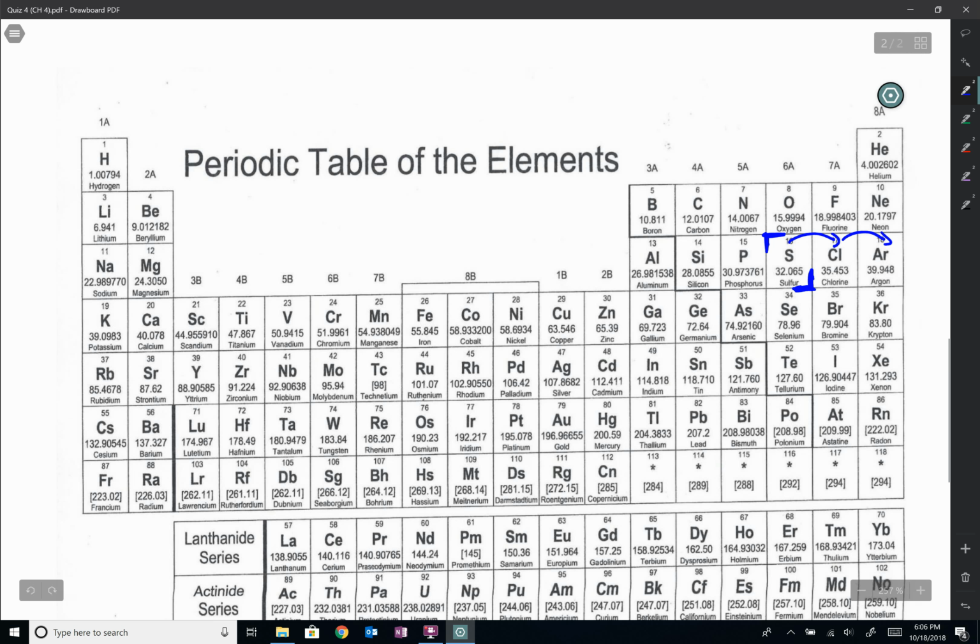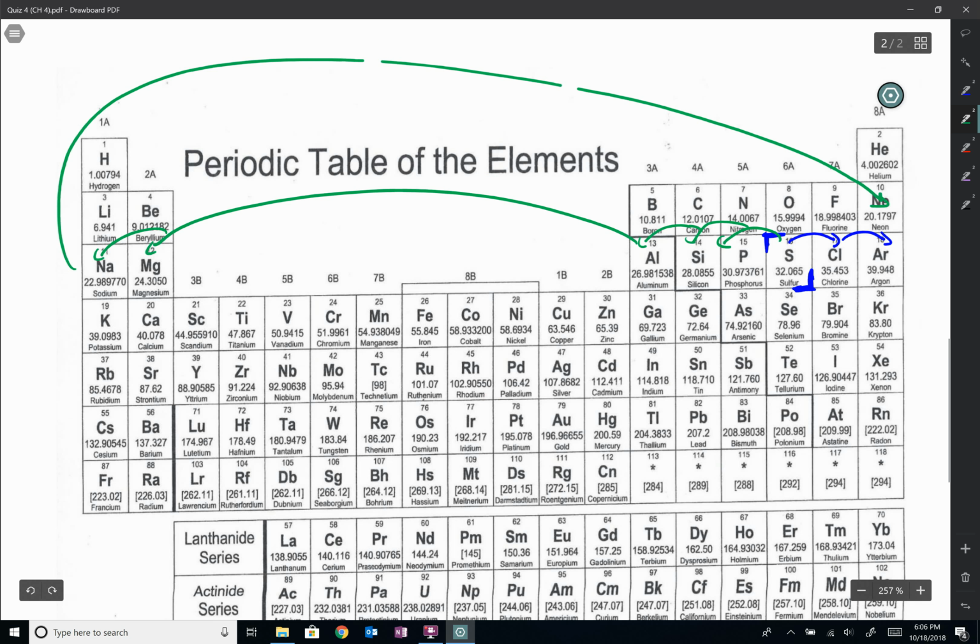Well, instead of walking forward, sulfur can walk backwards. 2, 3, oops, that kind of missed. Let me go back and fix this. 3, 4, all right, all the way here. So it can walk backwards to get to a noble gas.